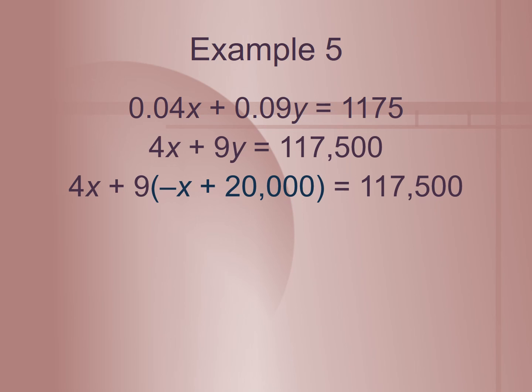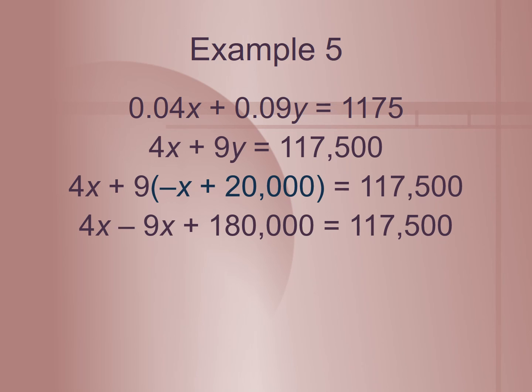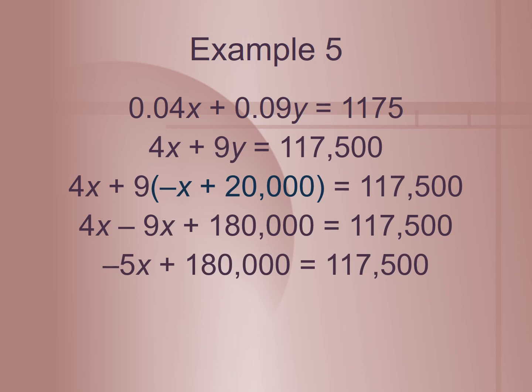So now I can solve for x. I'll start with distributing this 9. So I have negative 9x plus 180,000. Then I still have that 4x, and I still have equals 117,500. Combine like terms, so 4x minus 9x is negative 5x. Subtract 180,000 from both sides.